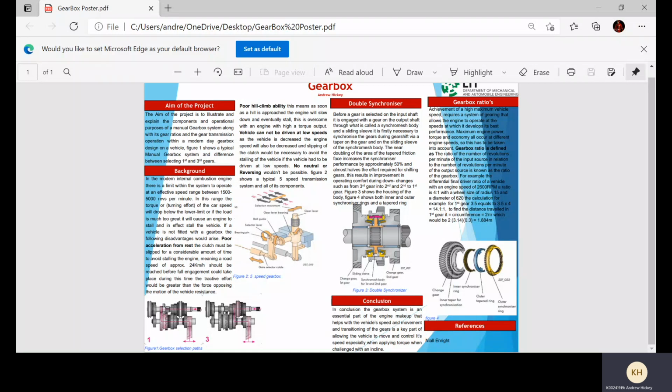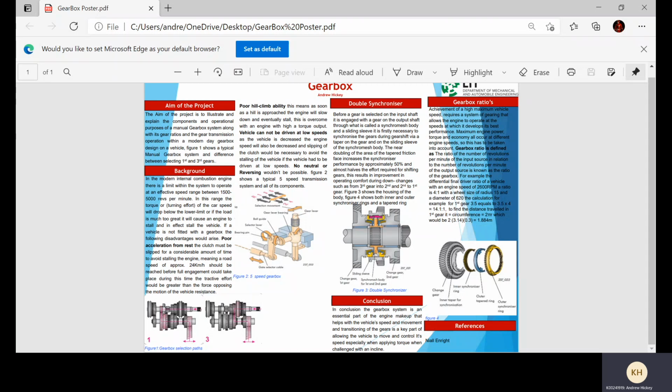The next problem that would arise would be the poor hill climbing ability. This means as soon as a hill is approached, the engine will slow down and eventually stall. This is overcome with an engine with a high torque output. Number 3, the vehicle cannot be driven at low speeds.